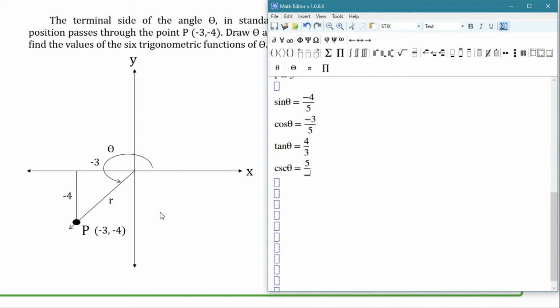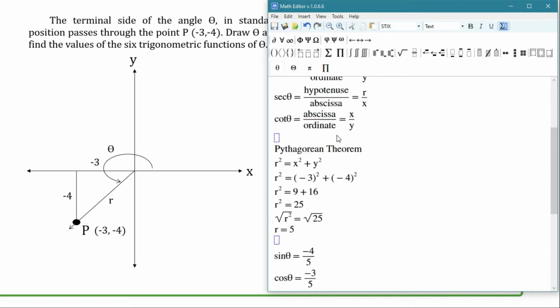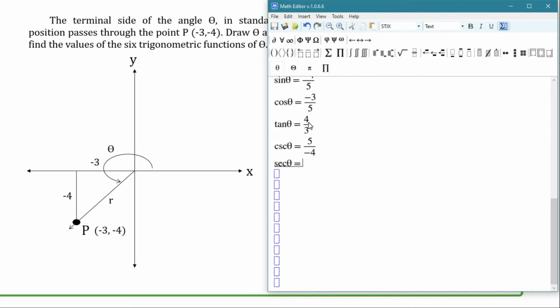Meaning to say, cosecant theta is equal to 5 over negative 4. Okay, next is the reciprocal function of cosine, and that is the secant function. That is secant theta would be equivalent to, we have defined it as hypotenuse over abscissa. Meaning to say, that is hypotenuse, which is 5, and abscissa, which is negative 3. Okay? So, secant theta would be 5 over negative 3.